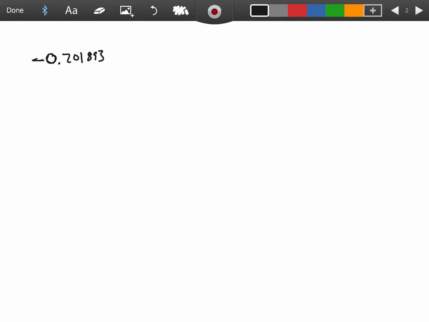So z equals this. Well, z also equals some value in my distribution minus the average divided by the standard deviation. And look, here's the thing that I want. I want to find out what the average is, and there it is in this equation that I'm looking at. So I can fill this side out.